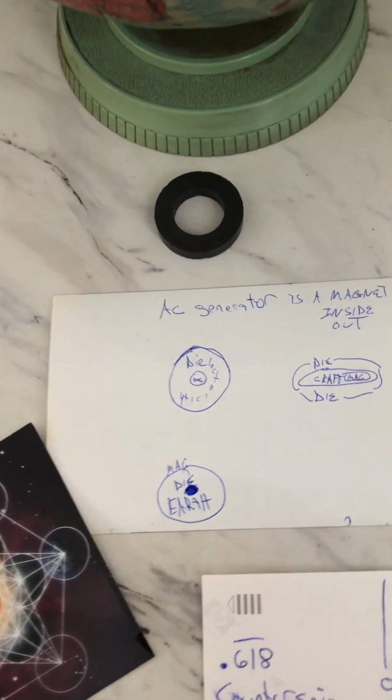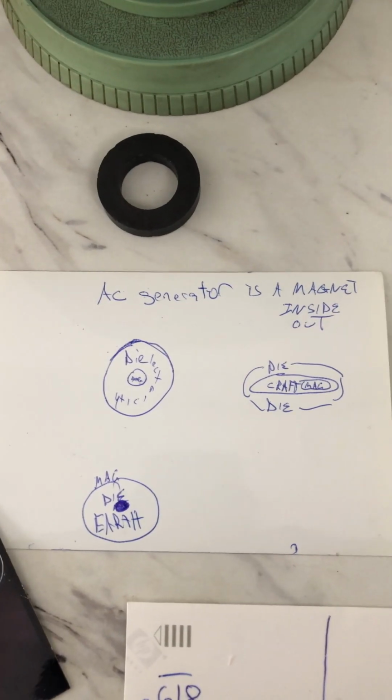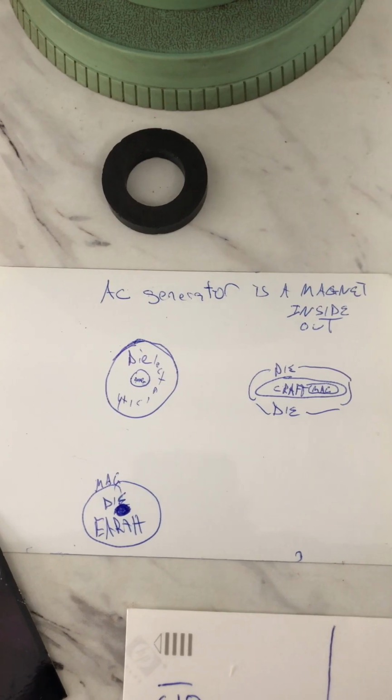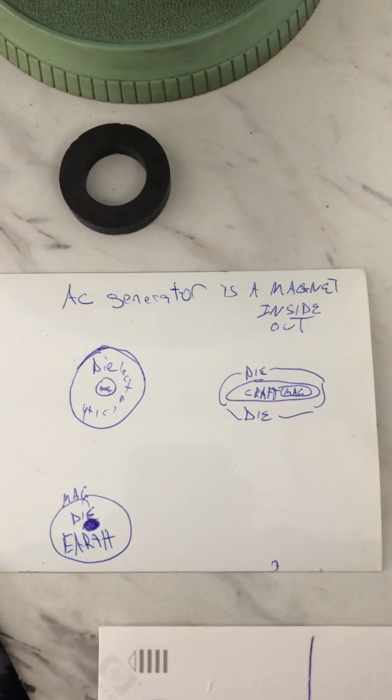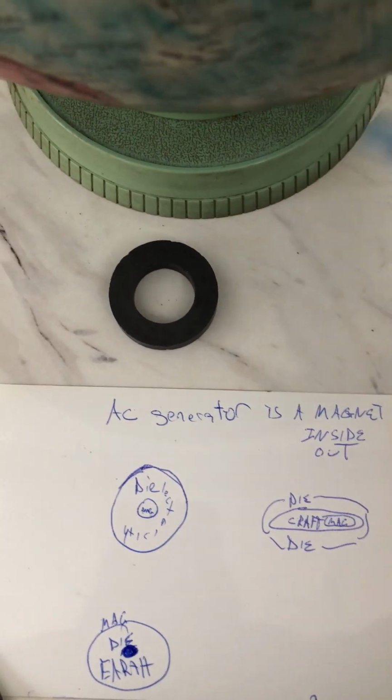So the other thing to keep in mind, it's really important to remember, is that an AC generator is just a magnet inside out. This is according to Ken Wheeler. So what he's talking about is an AC generator.